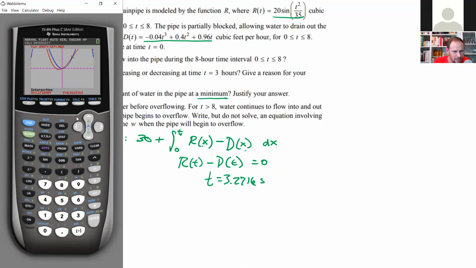Some of them do have a solver where you can just type in the equation and press enter, and it'll tell you when it's equal to 0. But I don't see that anywhere on here. I didn't see it in math. Solver? I don't know.